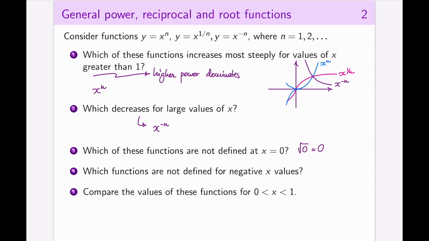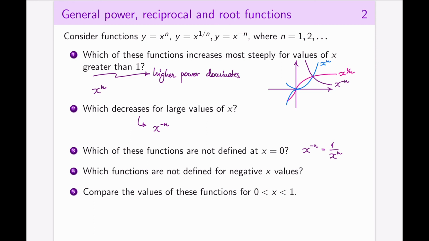So the roots are all defined at 0. The power functions are all defined at 0. They will also just be 0. But what happens here? Recall that x to power negative n is just 1 over x to the n, which means that if I plug in 0 for x, I end up with 0 on the bottom, which of course is not allowed.